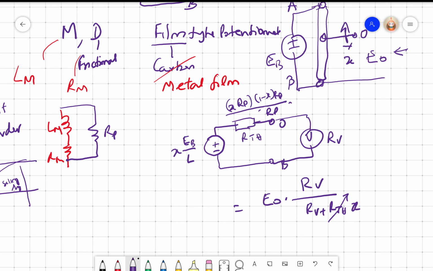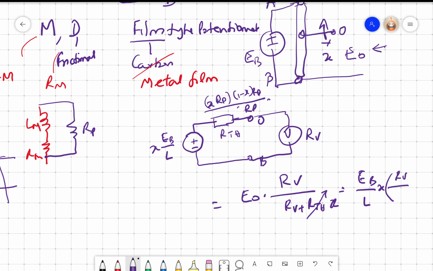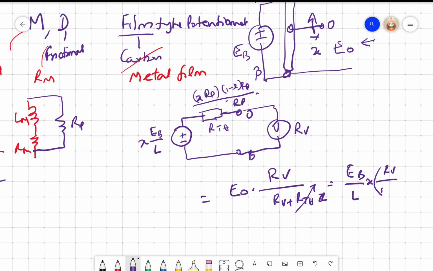Of course, E naught varies with respect to x, so this will be EB by L into x into RV by RV plus RL, and this is also x. X in the denominator gives a nonlinearity. So in the earlier years this was a problem because most voltmeters, most measuring circuits had very low internal impedance.